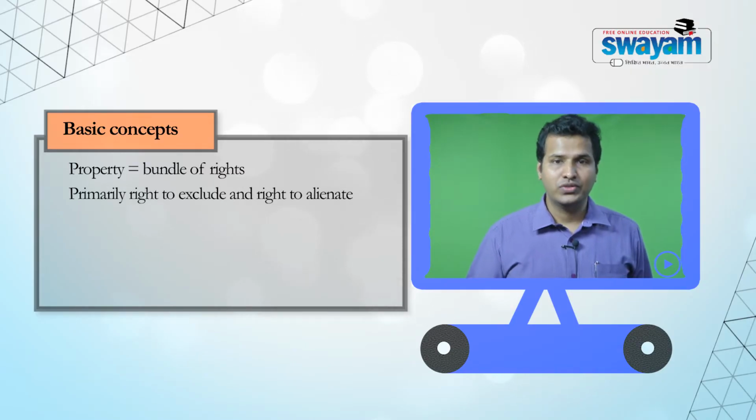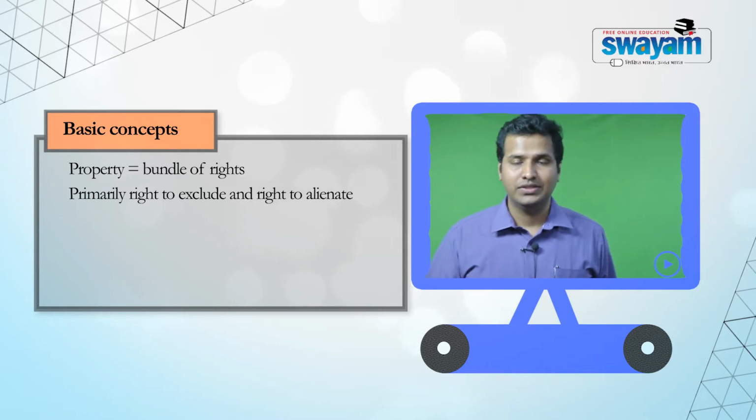So property as a bundle of rights primarily has two components. It is the right to exclude and the right to alienate. Now if you understand right to exclusion, it basically has to deal with your right to exclude others or third parties from making, using, selling, reproducing, importing, offering for sale, distribution, and the concept of right to alienate includes the specific rights relating to sale, distribution and transfer.